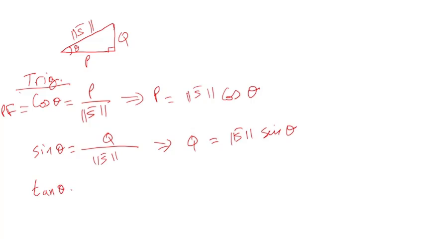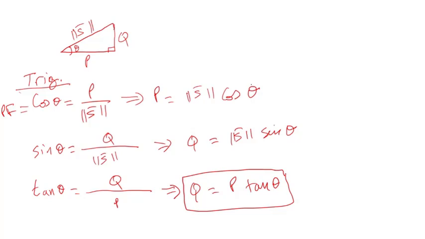Tan theta is equal to the opposite side, which is Q, divided by the adjacent side, which is P. And this is very useful. It's used almost always in PE or FE exams. So Q is equal to P times tan theta.